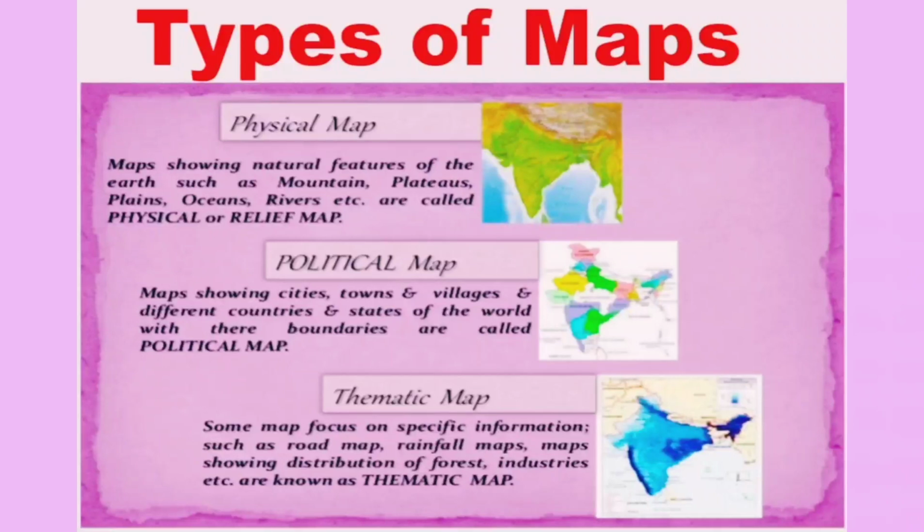Maps showing cities, towns and villages and different countries and states of the world with their boundaries are called political maps. Thematic map. Some maps focus on specific information such as road maps, rainfall maps, maps showing distribution of forests, industries, etc. They are known as thematic maps.